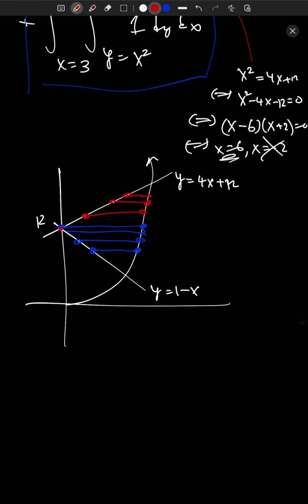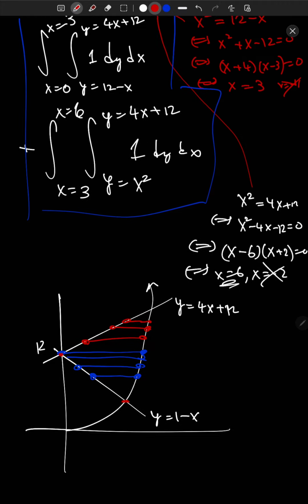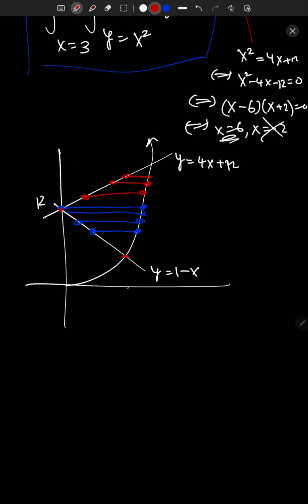All right. For the dy portion of the integral, we're going to be starting the horizontal lines at this location right there, right? And we found that that was at x equals 3. So this was at x equals 3.